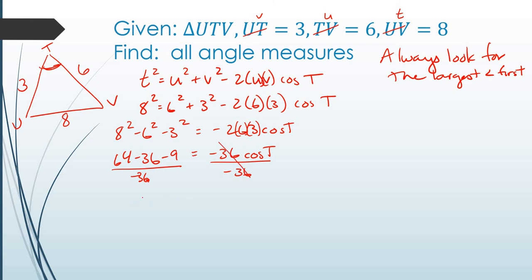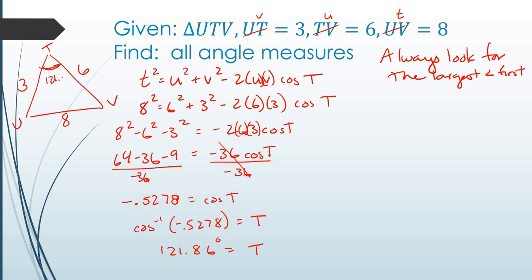So if I plug that into my calculator, I get negative 0.5277. Actually, we'll make that 78, round up, equals cos T. So to find an angle measure, I'm going to use my inverse function. And I find out that angle T is 121.86 degrees.